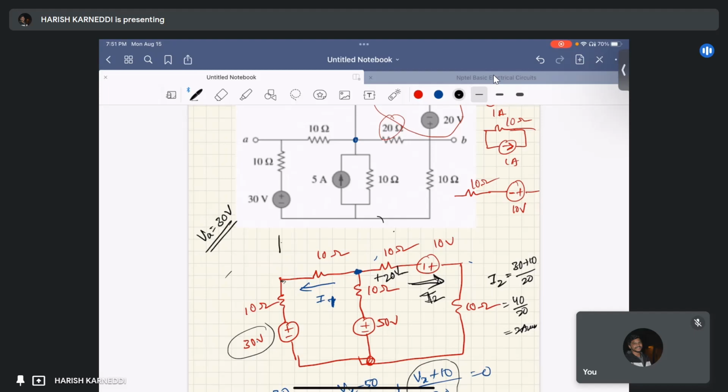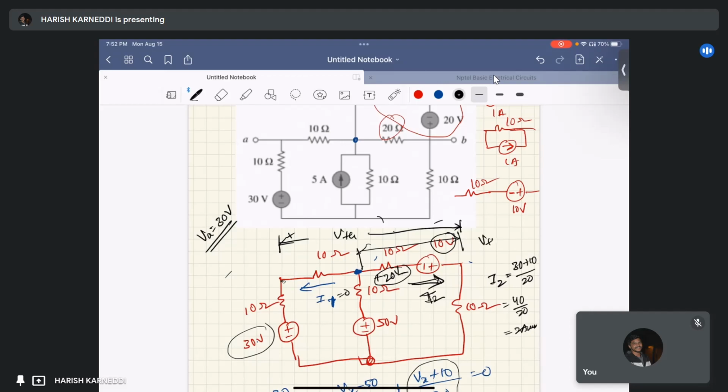My VTH is the voltage across these points, right? I am applying this current as 0, so my VTH is the same as the voltage across this one. This voltage is plus 20 volts, and this voltage is 10 volts.